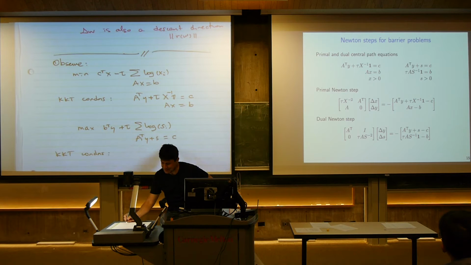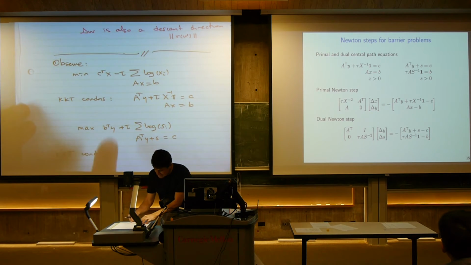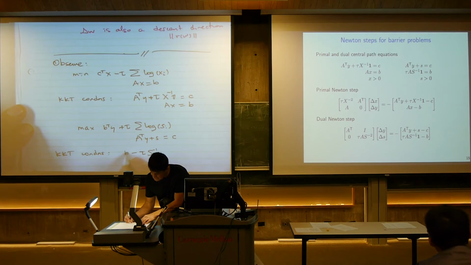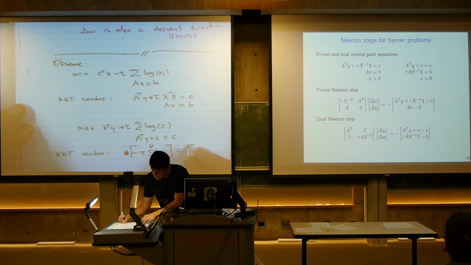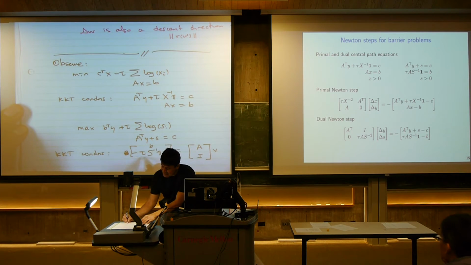It turns out that if you play with this a little bit, you get B for the objective, B minus tau S inverse 1 should be equal to some A and identity times some multipliers for the equality constraints. So let me put them V here. And then the V can be written in terms of this guy.